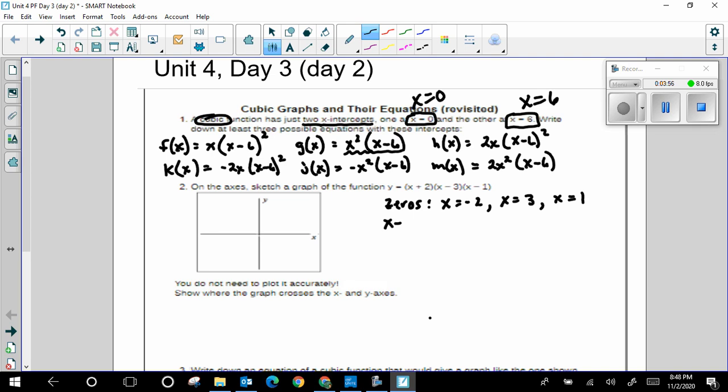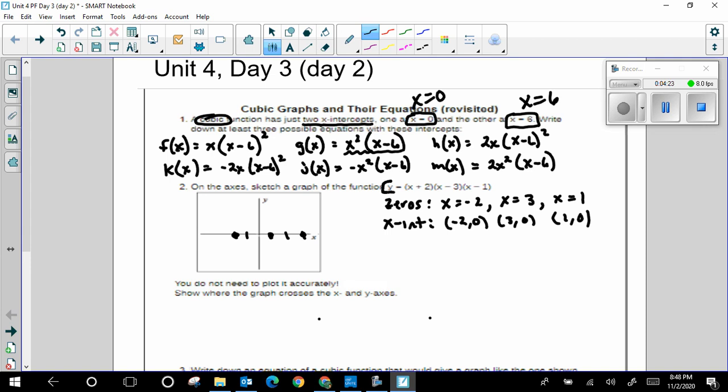I can also call these x-intercepts negative 2, 0, 3, 0, and 1, 0. So I can go ahead and put those on there. So negative 2, 0 would be there, 1, 0 would be there, 3, 0 would be right there.